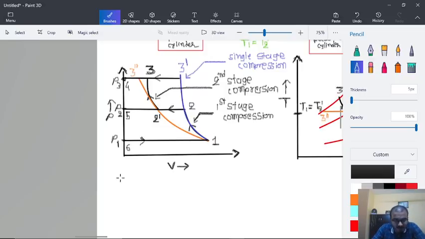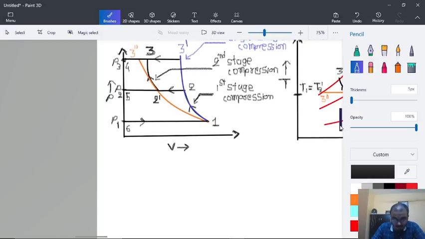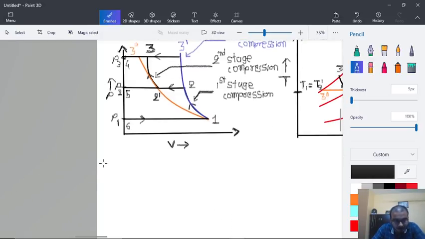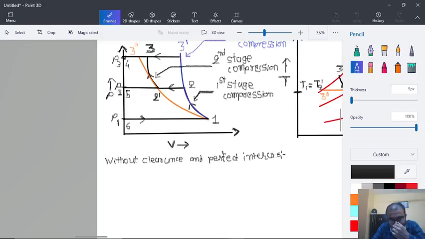And one more important thing, that we are going to discuss only the case of without clearance and perfect intercooling. So that is going to be our case.